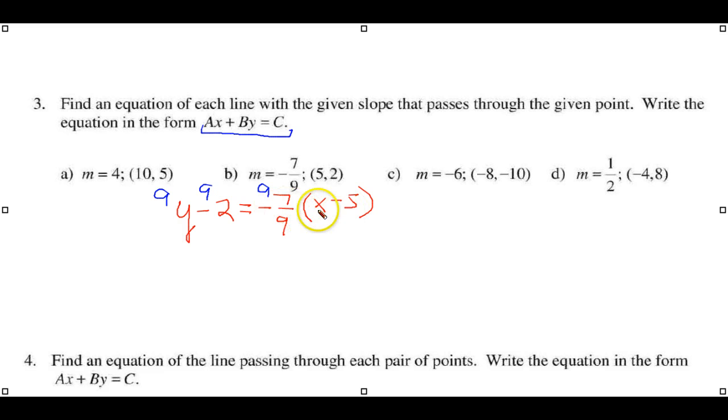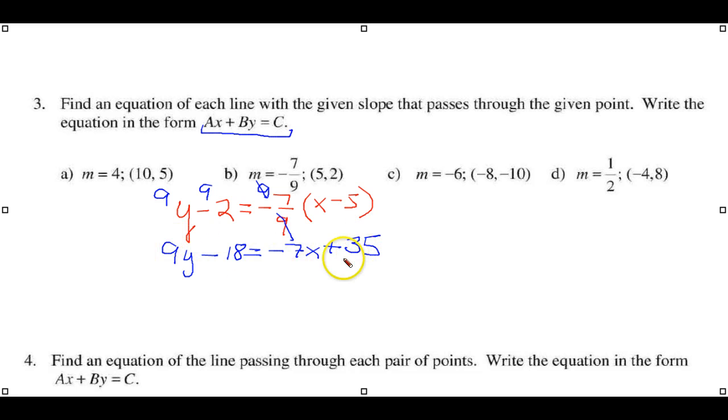This is one term. So this now becomes 9y minus 18. Now here my 9's cancel out nicely. And this is -7 times x, so -7x. A -7 times a -5 gives me a positive 35.